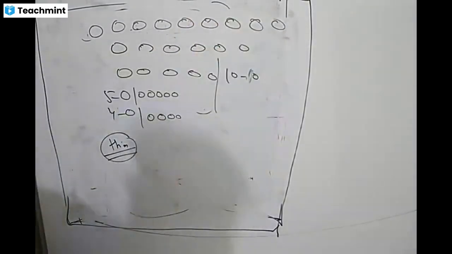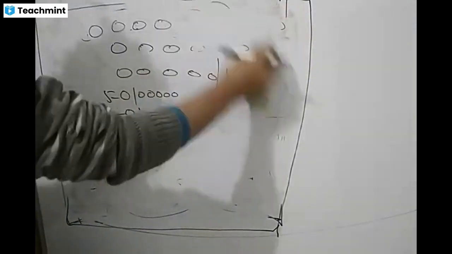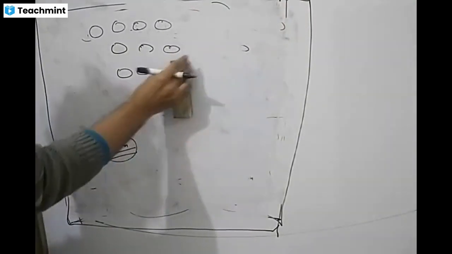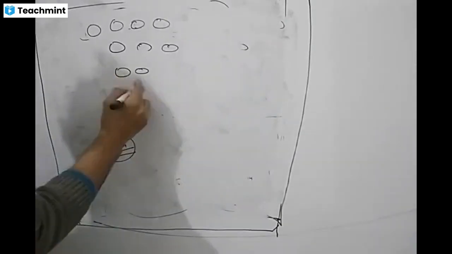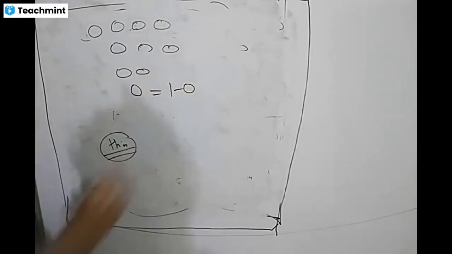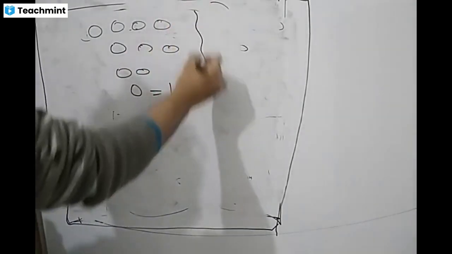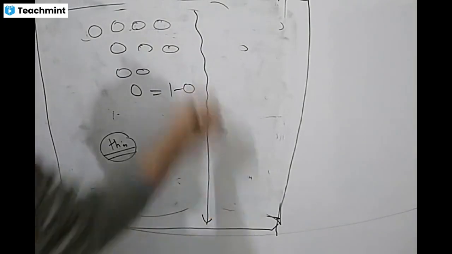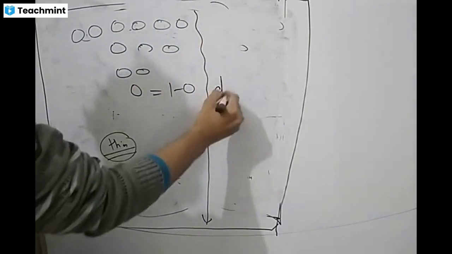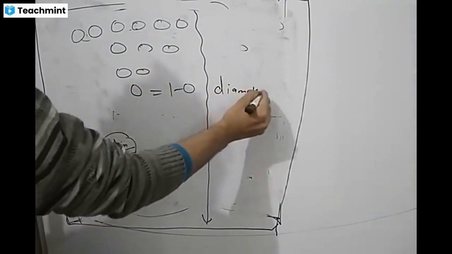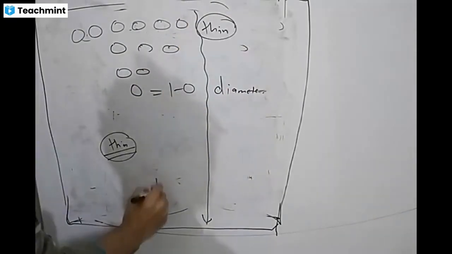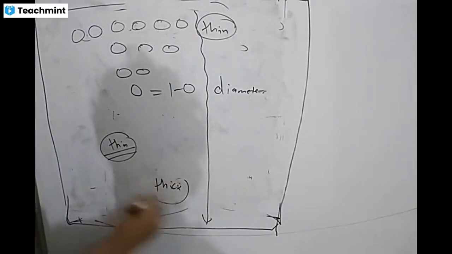If you start removing these zeros, then you will come to the end. Suppose you have 2-0, then 0. This 0 is called 1-0. So as we go from more zeros to fewer zeros, we are increasing diameter. This fiber is thin and here you will get a thick fiber.